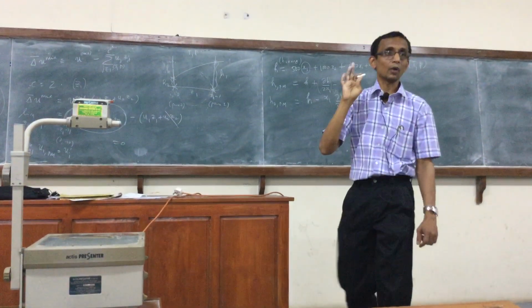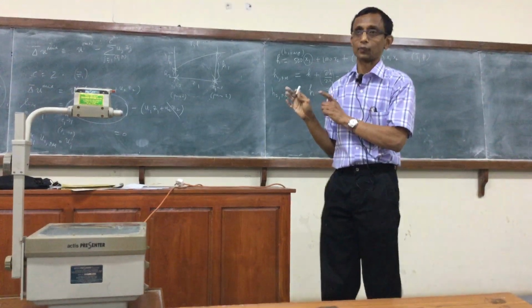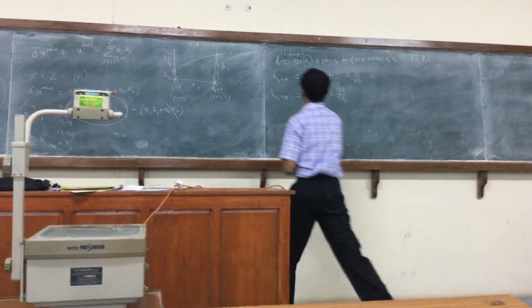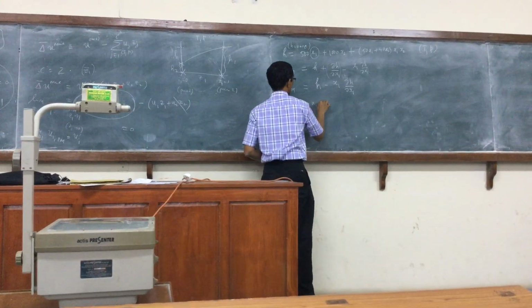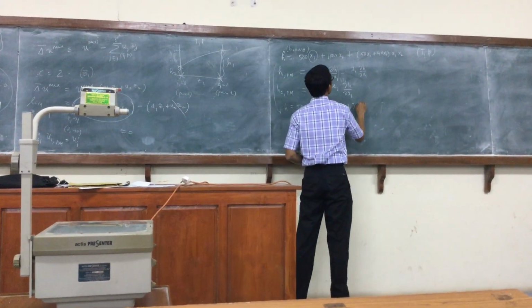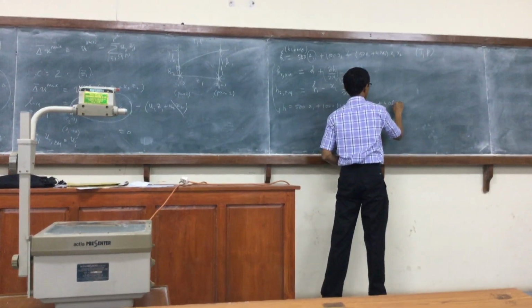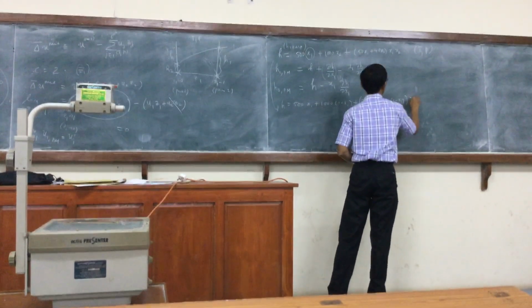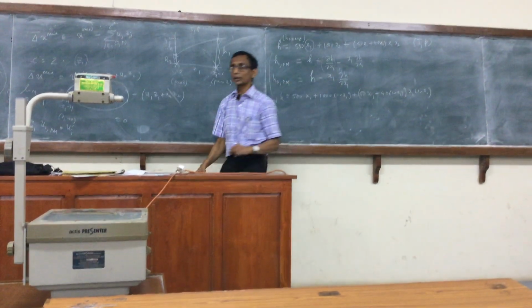So if I want to avoid making a mistake, I have to now write everything in terms of x1. So let's do that. Another way to do it is to keep it as a function of two variables x1 and x2.